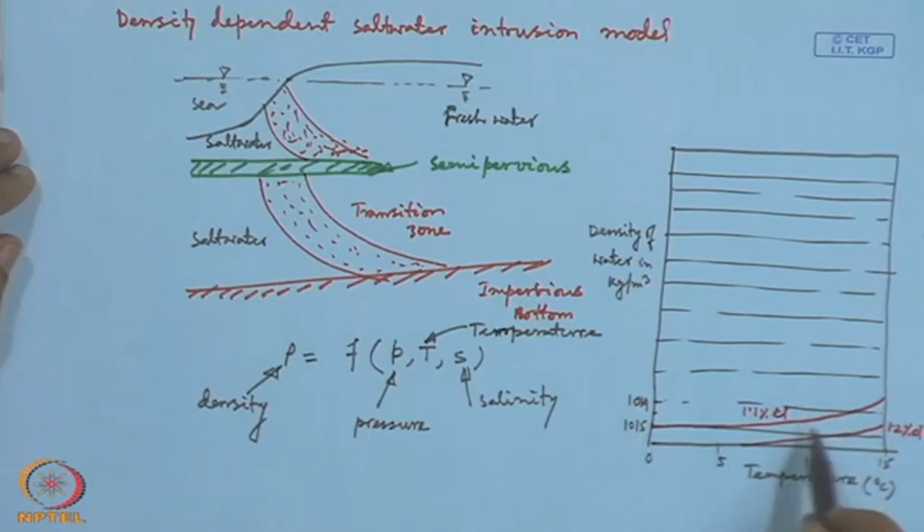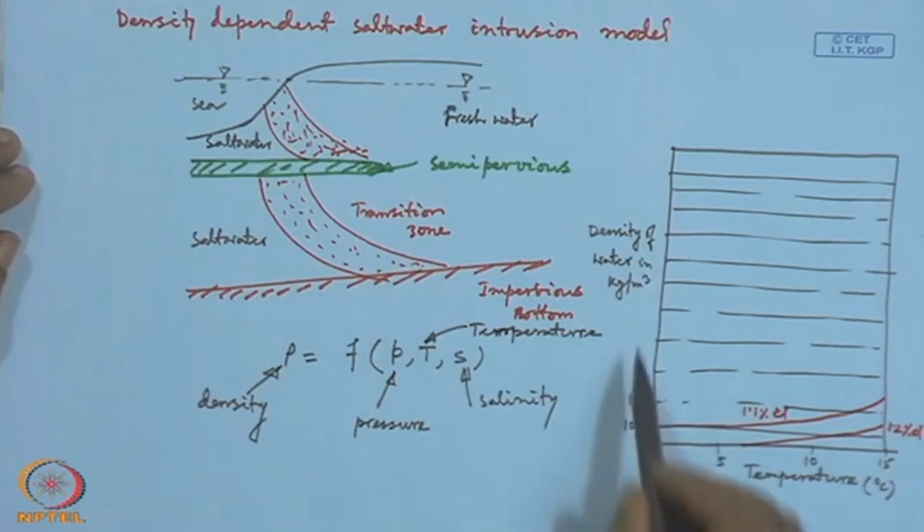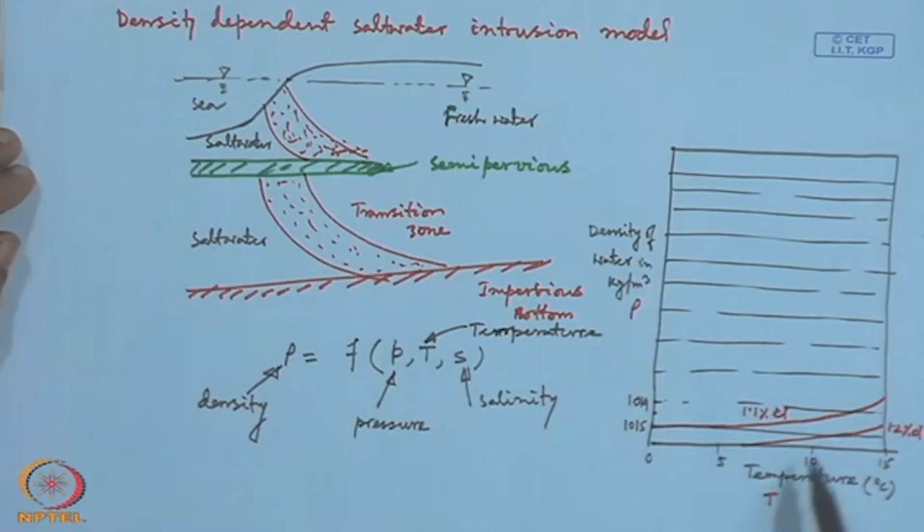So, we can see there is a nonlinear relationship between density, temperature, and chloride, which signifies the salinity for salt water.